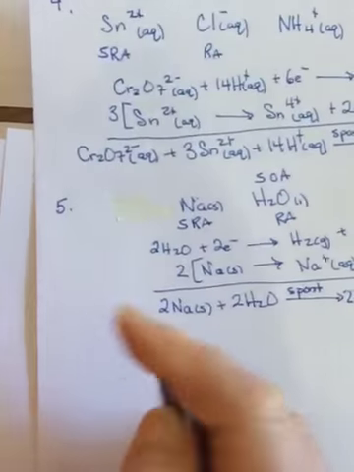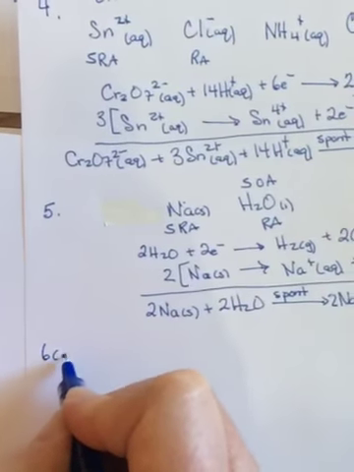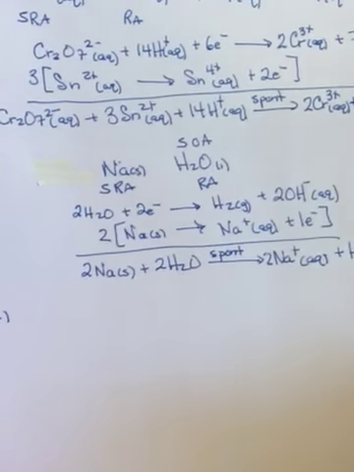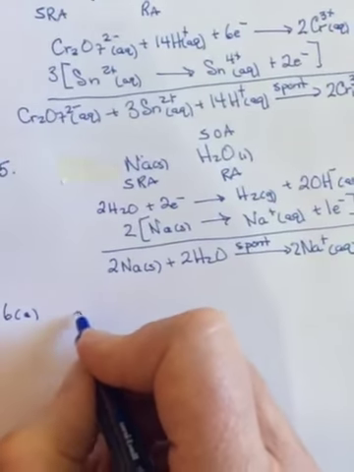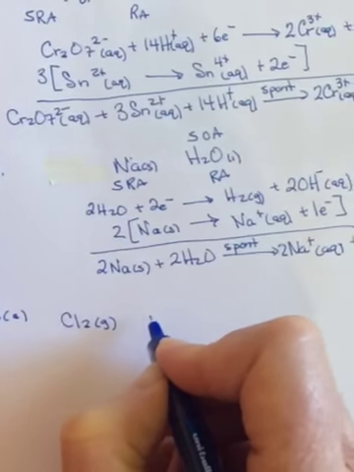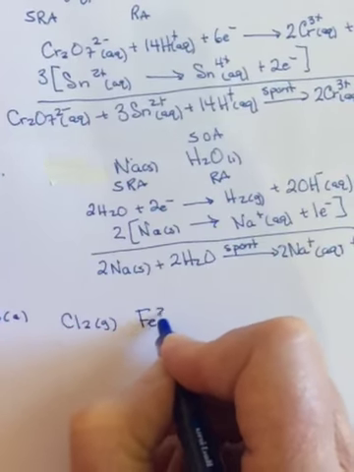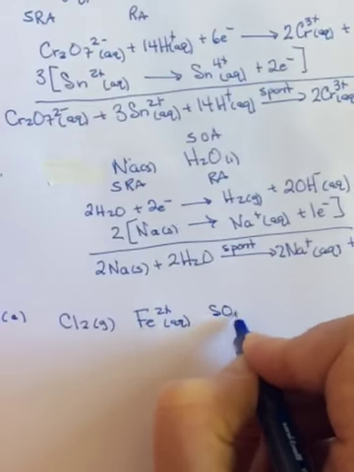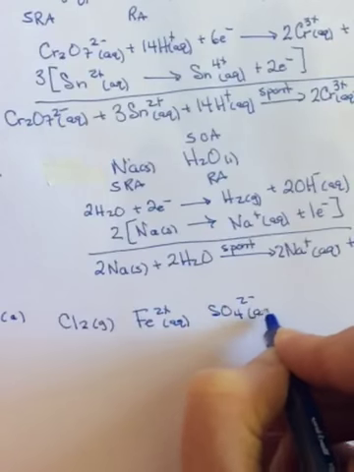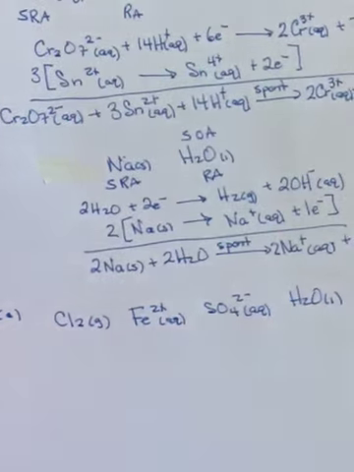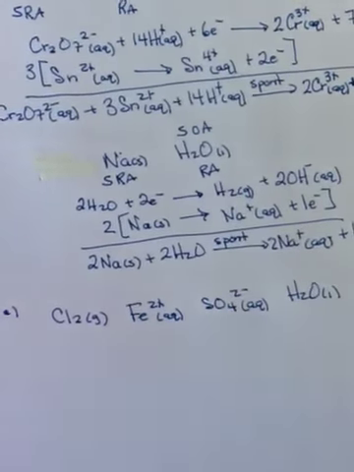Okay? Number 6A says, for each of the following, do what we've been doing. Chlorine gas, Cl2 gas, bubbled into an iron 2, Fe2+ aqueous, sulfate, SO4 2- aqueous, solution, H2O, liquid.